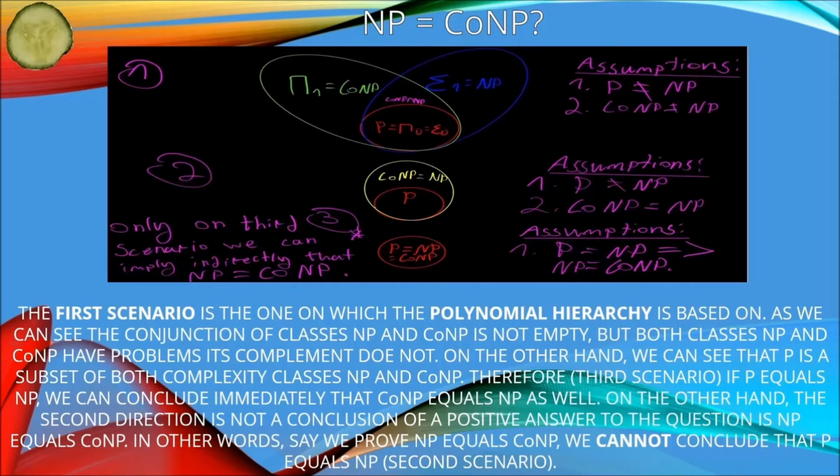Therefore, third scenario, if P equals NP, we can conclude immediately that CoNP equals NP as well. On the other hand, the other direction is not a conclusion of a positive answer to the question, is NP equal to CoNP? In other words, say we prove NP equals CoNP, we cannot conclude that P equals NP.